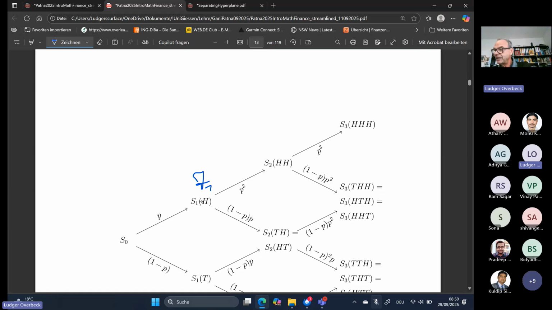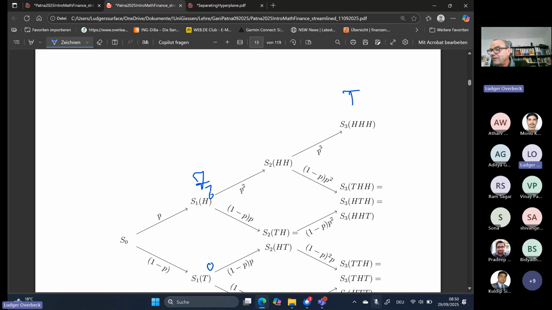If I condition like that, now in the future I will be in one of these states. Either I'm here or I'm here. But if my information is where I am, I know more about my value at the final time. Because here at least I know it was one up.